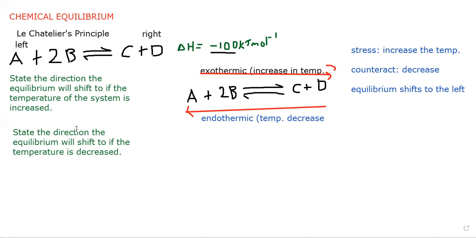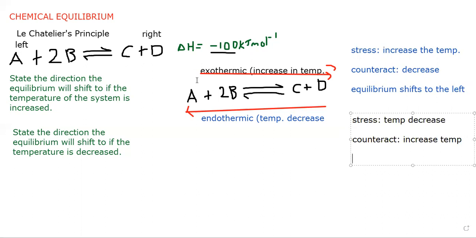On the other hand, it says state the direction the equilibrium will shift if the temperature is decreased. So the new stress is that the temperature decreases. To counteract that, the system needs to increase the temperature. To increase it, as we can see, the forward reaction is exothermic.